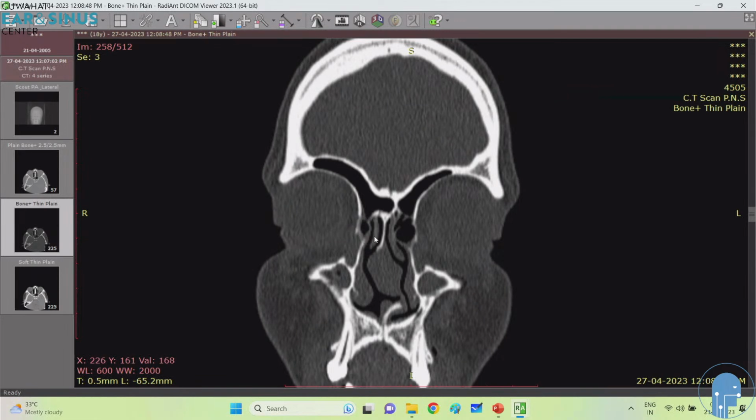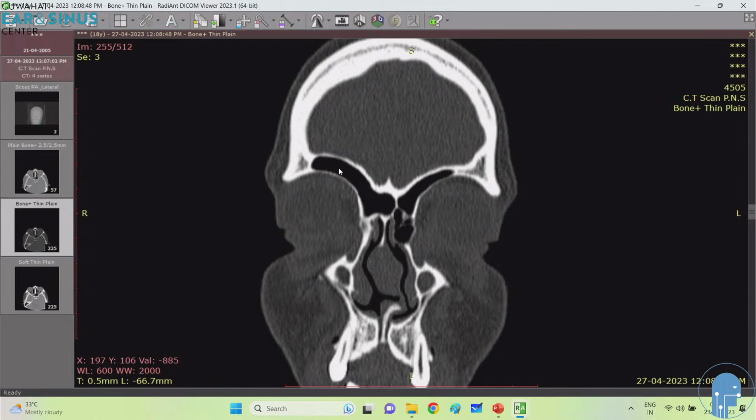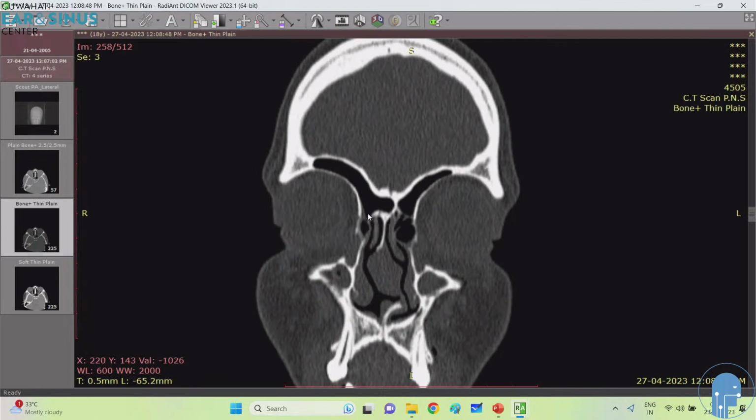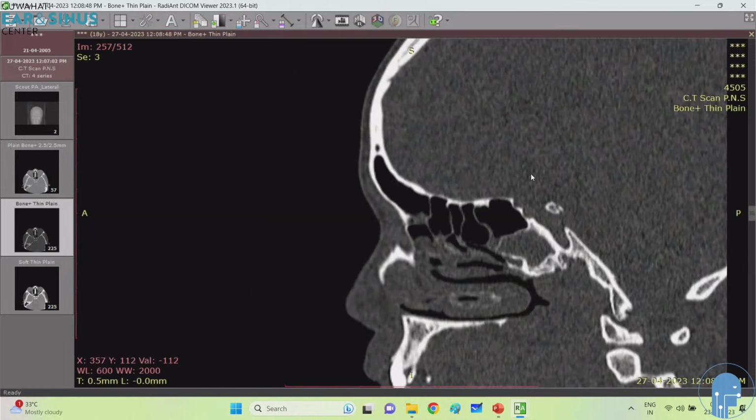And as soon as the agger nasi cells appear, you can see the beak is no longer intact. So this is on the right side, the posterior end of the frontal sinus. And this is the frontal recess, where the frontal sinus drains. So, let me show you in the sagittal cut.